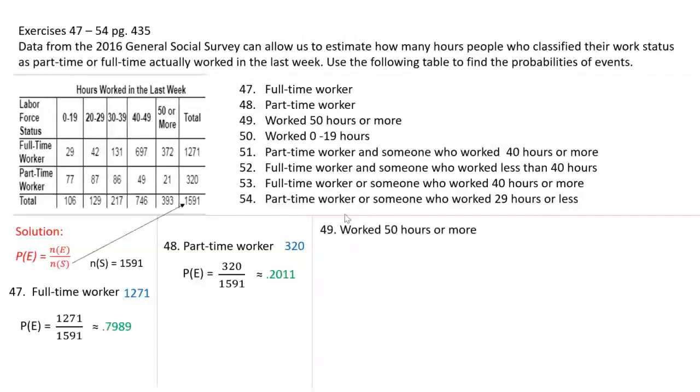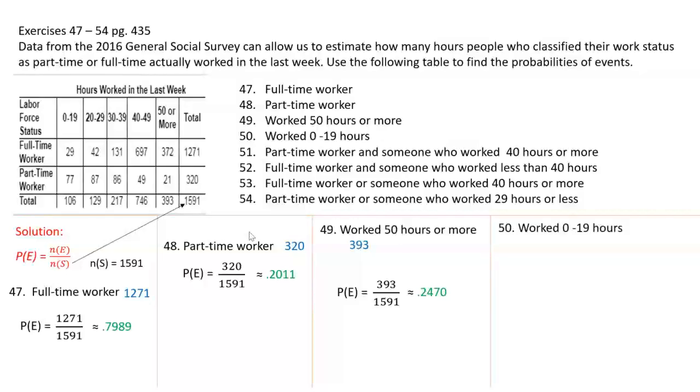Number 49, worked 50 hours or more. So 50 hours or more will be 393, because these are the 50 hours or more. So the probability of working 50 hours or more will be 393 over 1591, which results in 0.2470.